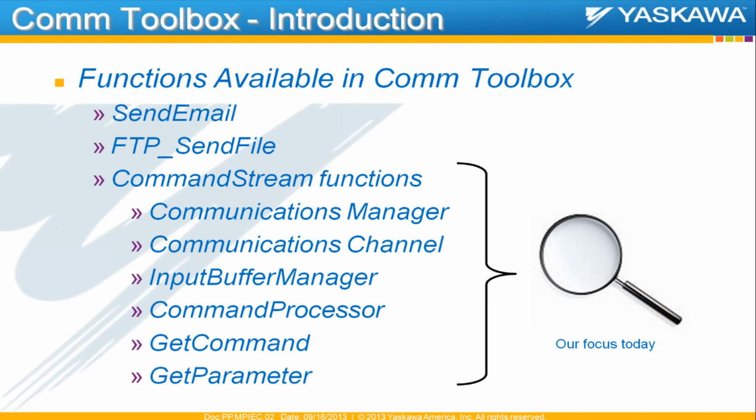The communications channel is part of that encompassing POU, and that helps us set up the IP address, the port number, buffer size, and some other configuration data, and a way to enable and disable this entire command listening feature.